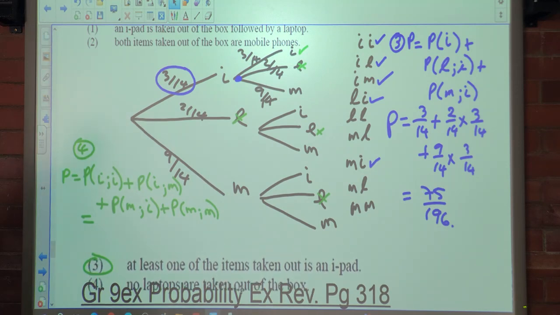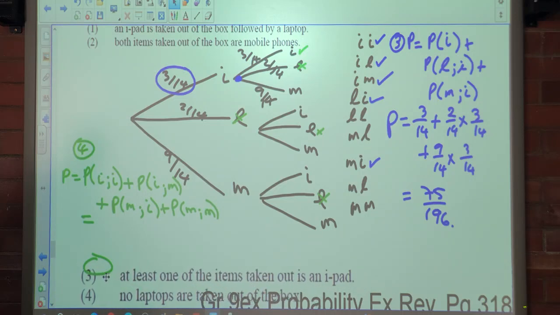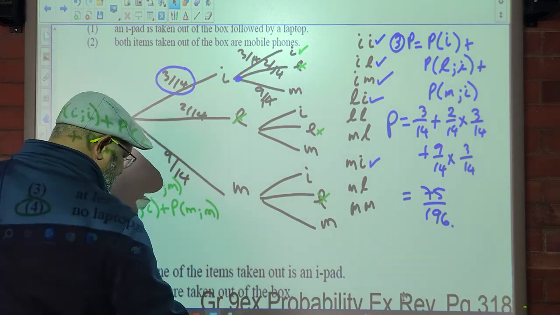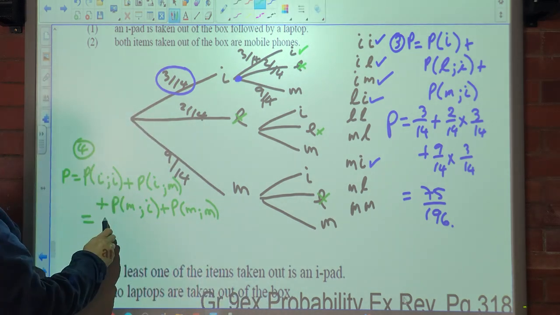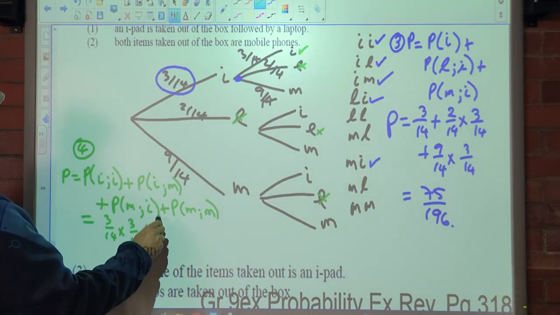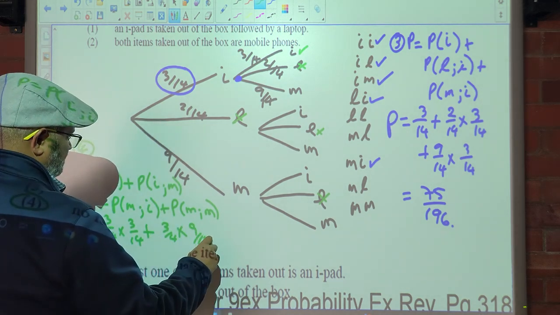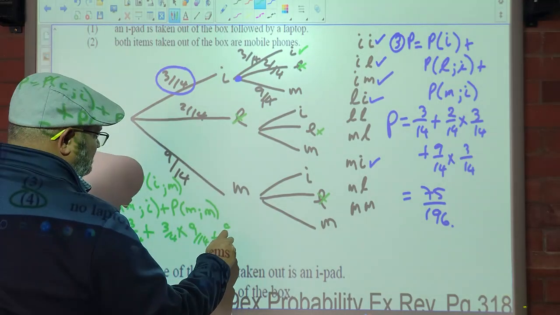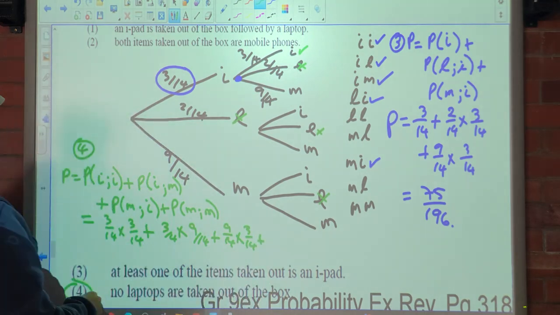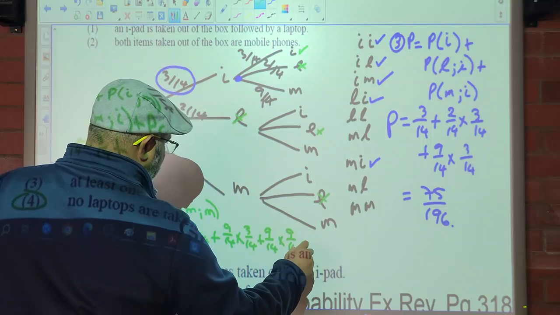Alright, so let's go. Okay. Probability of iPad, so it's 3 over 14 times 3 over 14 plus iPad 3 over 14 times mobile phone 9 over 14 plus mobile phone 9 over 14 times iPad 3 over 14 plus mobile phone 9 over 14 times 9 over 14.